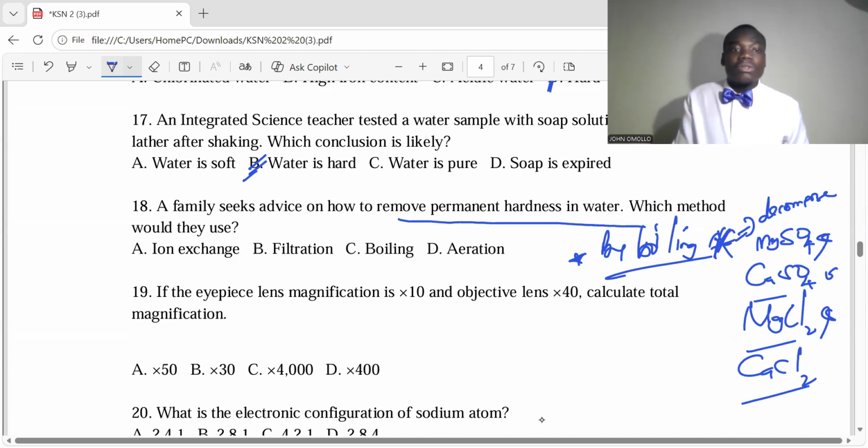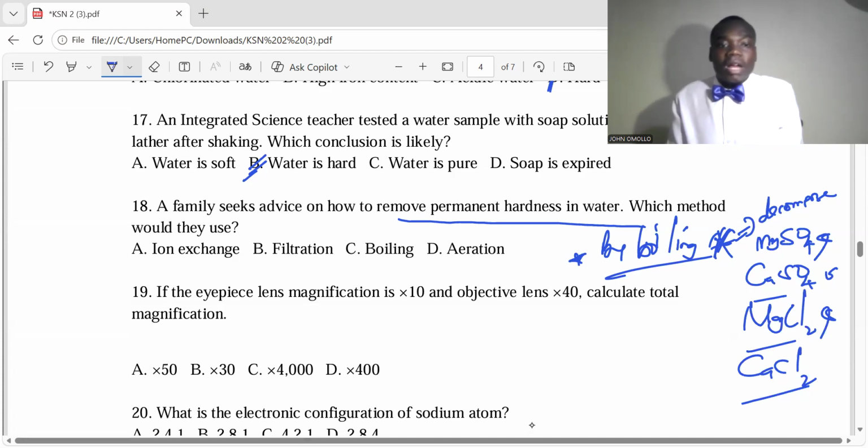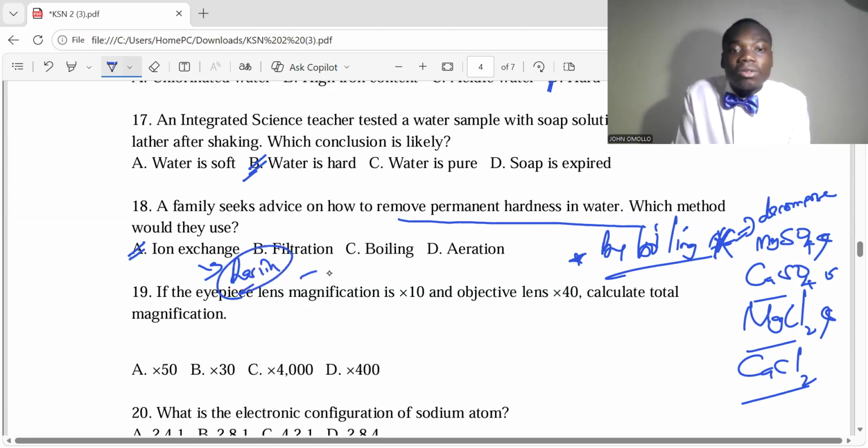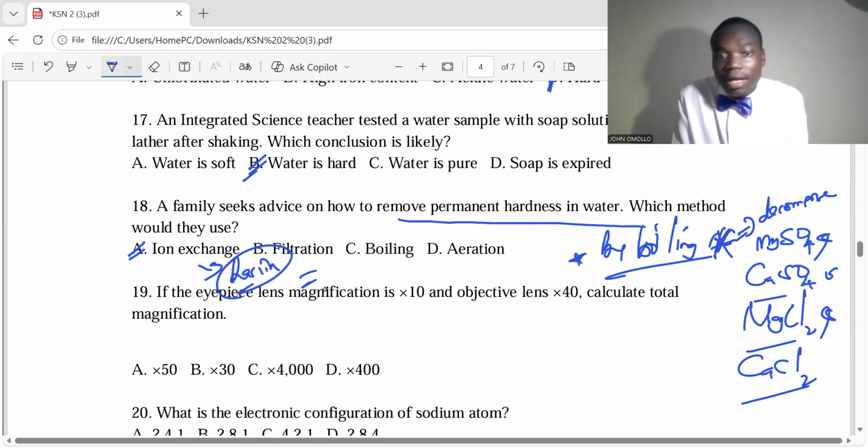Are you getting that? So which method? Ion exchange resin. In fact, there is a chamber containing a resin that comprises other salts. I'm not talking about the ion of Fe, I'm talking about ions, the charges.